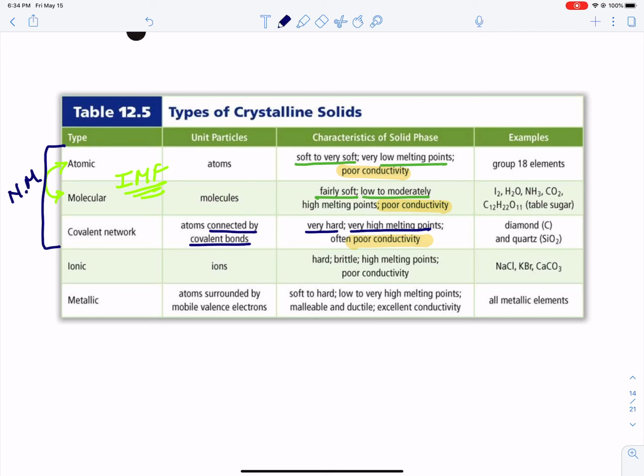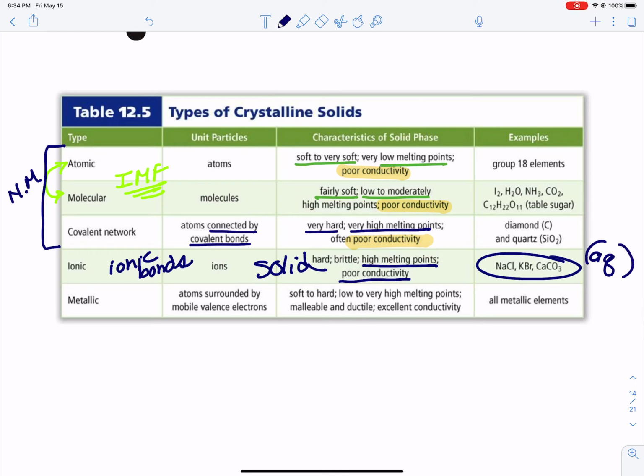Okay. When we move to ionic solids, what is holding them together? Ionic bonds. Bonds are much stronger, so there we get high melting points. Poor conductivity because we're talking about the solid. We know that these guys can conduct electricity if they are dissolved in water.